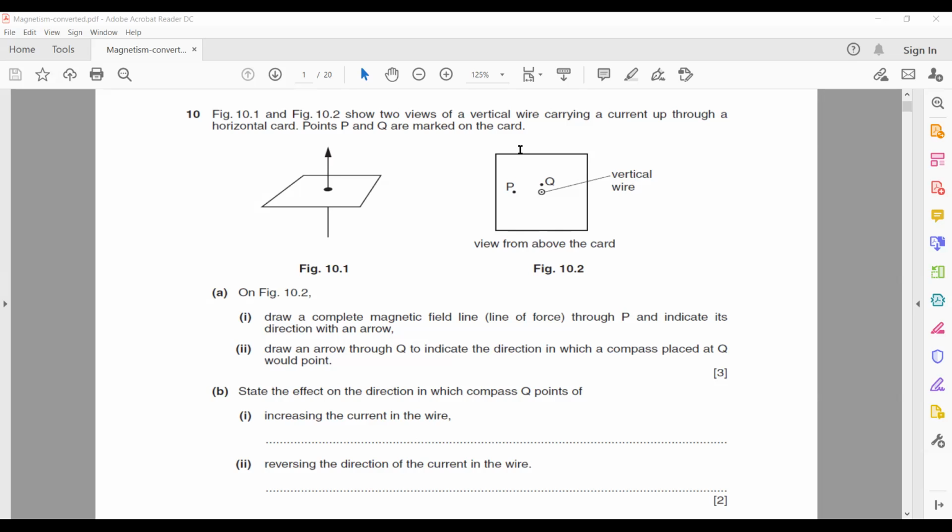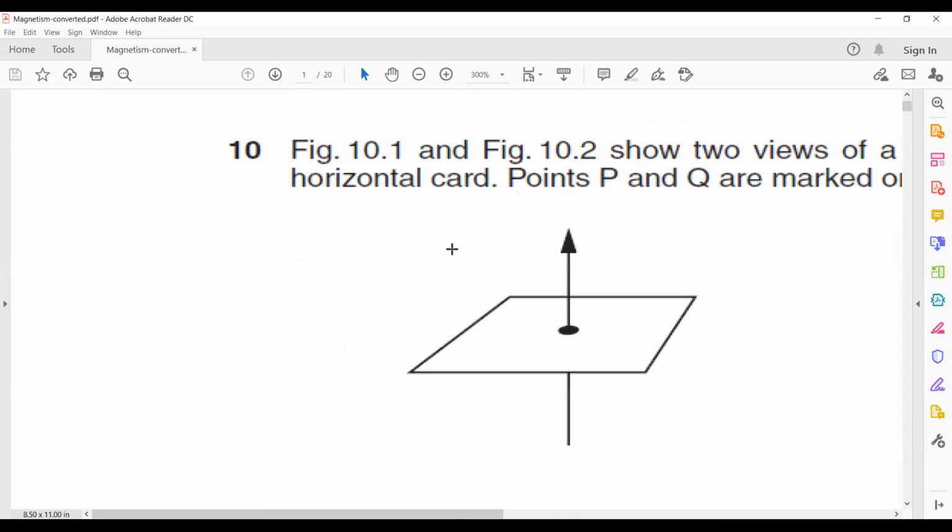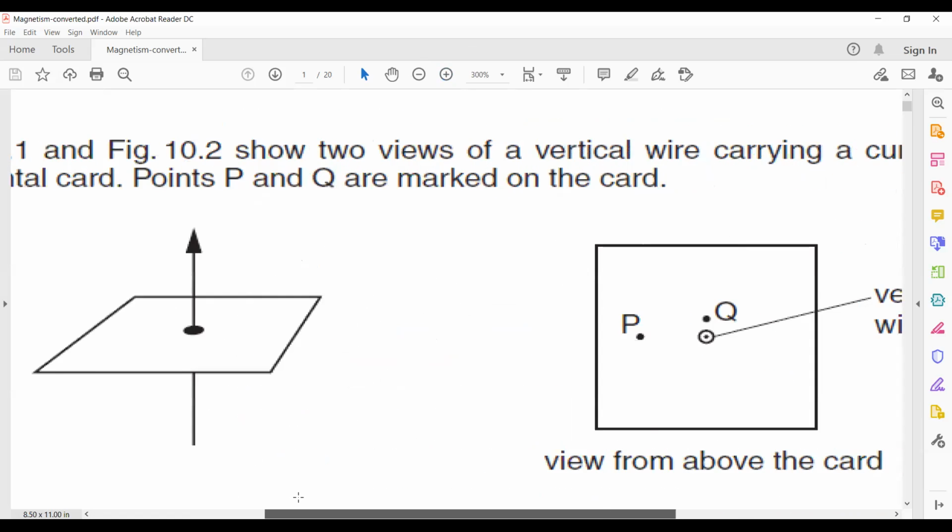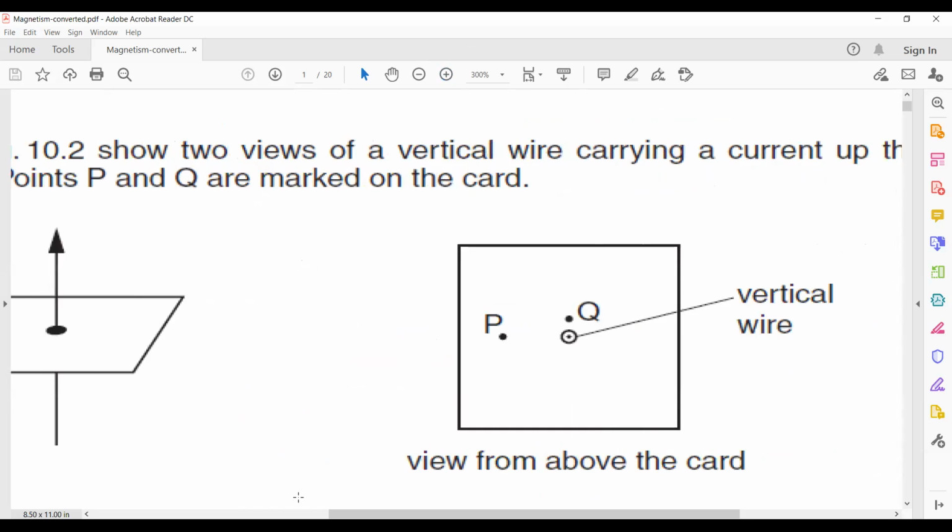The direction will not be downwards at Q, because the first one, as you can see, when I drew the direction of a magnetic field, the magnetic field is around it when it is passing through Q. So the compass needle was pointing towards left at this point.